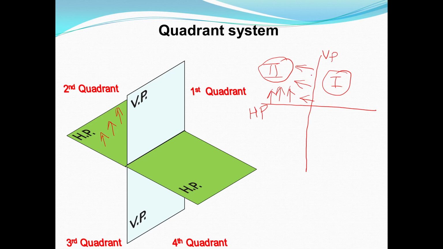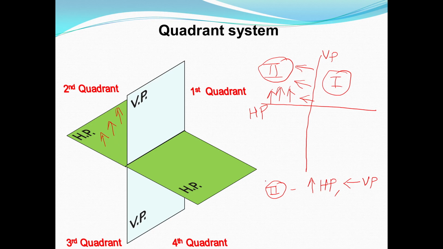For the second quadrant, above the HP, behind the VP. Take note of this: in the second quadrant, the object is above the HP and behind the VP.